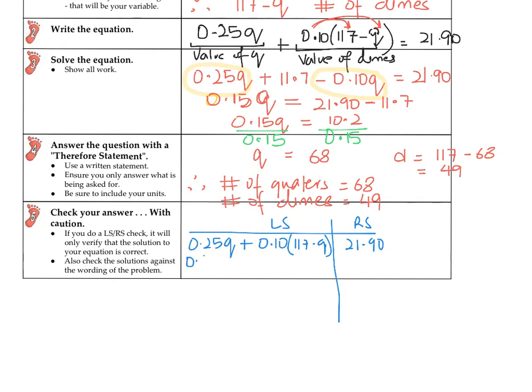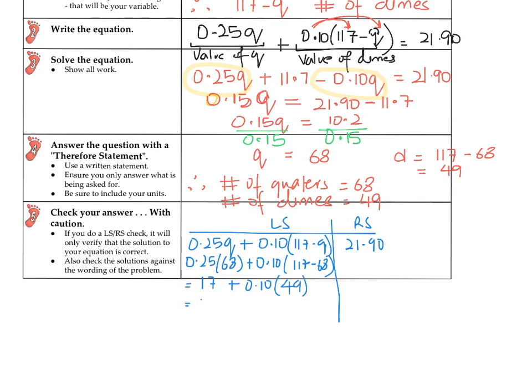We will have 0.25 times 68 plus 0.10 times (117 minus 68). 68 times 0.25 would be 17 plus, now let's follow order of operations, so subtract first, 117 minus 68 would be 49.